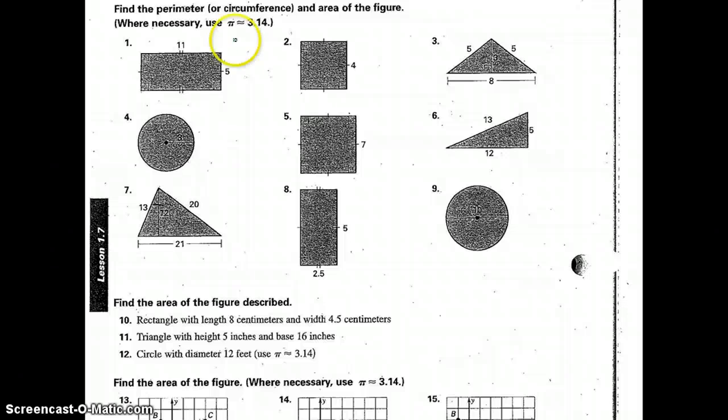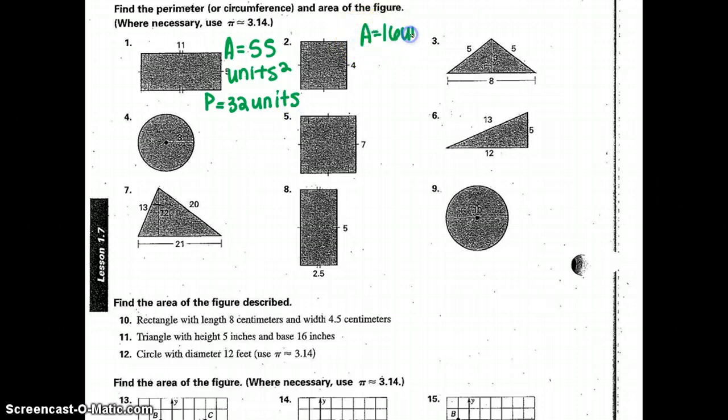All right, number 1, your answer for area is 55 units squared, and perimeter is 32 units. Number 2, your area is 16 units squared, and your perimeter is 16 units.